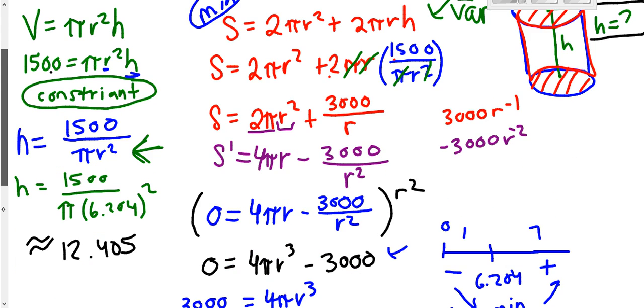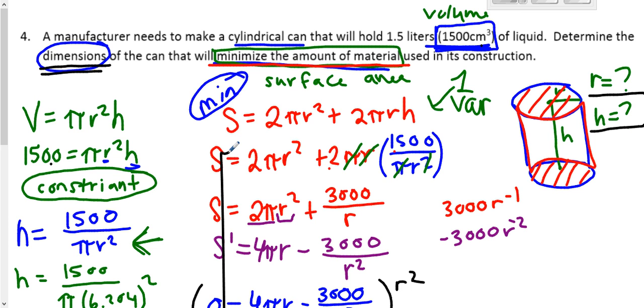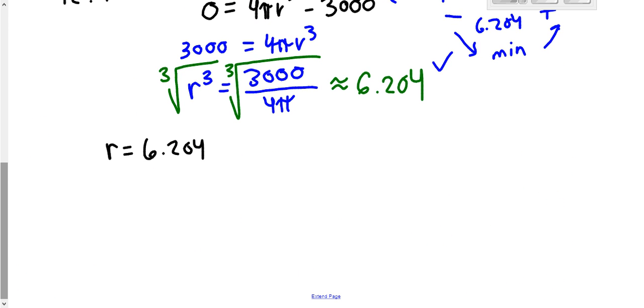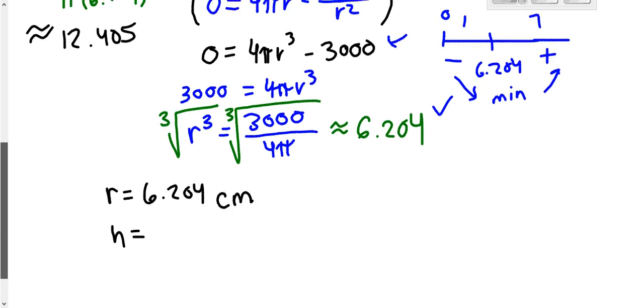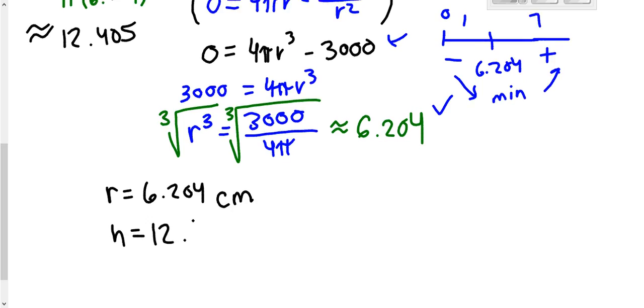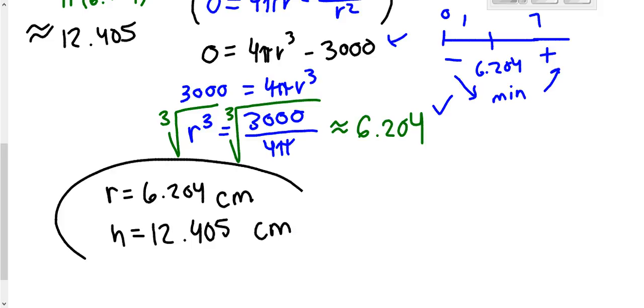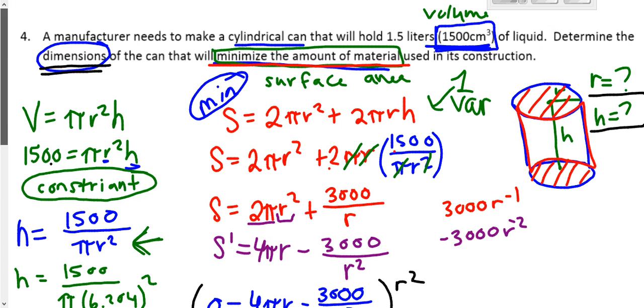Okay, centimeters. And our height is 12.405, same units of measure, centimeters. These are the dimensions that will minimize the use of material to make the can.